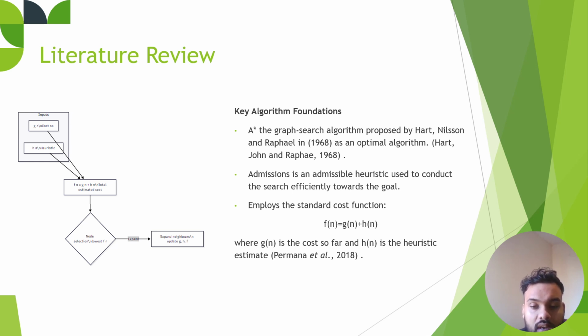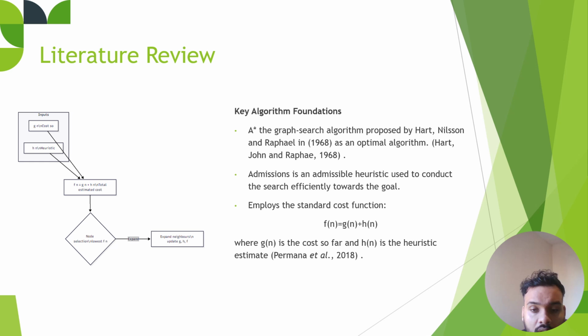This ensures we get optimal solutions. We can see in the diagram the inputs and how we tackle the nodes. The algorithm uses a simple but powerful cost function, f(n) = g(n) + h(n), where g(n) is the cost from the start node, and h(n) is a heuristic estimate from n to the goal.